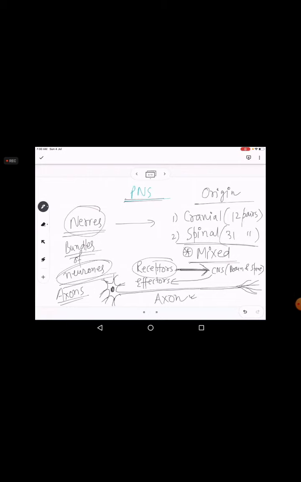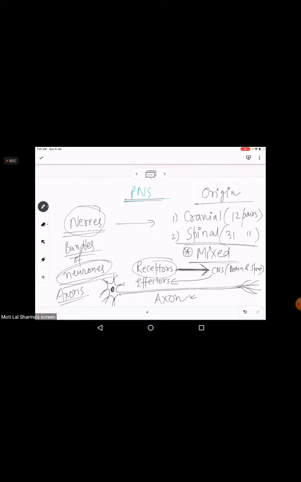Let me give one example. Suppose somebody has beaten you on your back. When somebody beats you on your back, then what happens? Certain special cells, we call them receptors, get stimulated. Those receptors are the special cells that will perceive that somebody has beaten you.